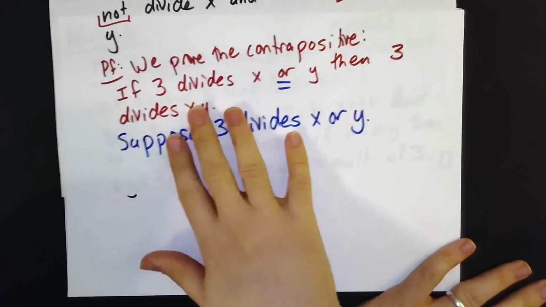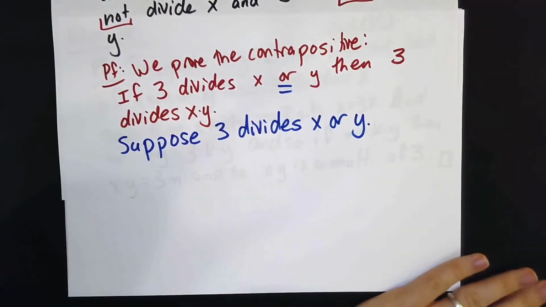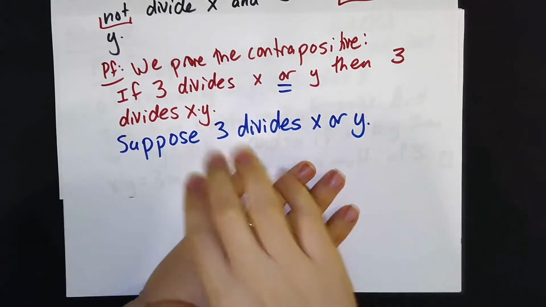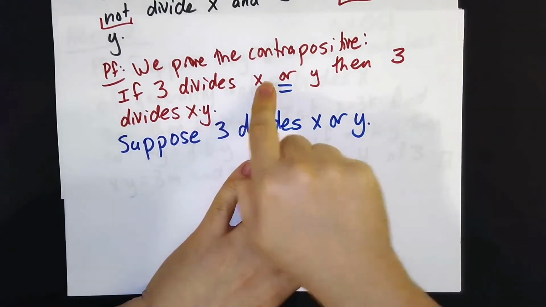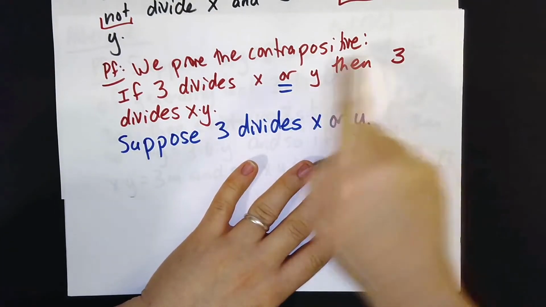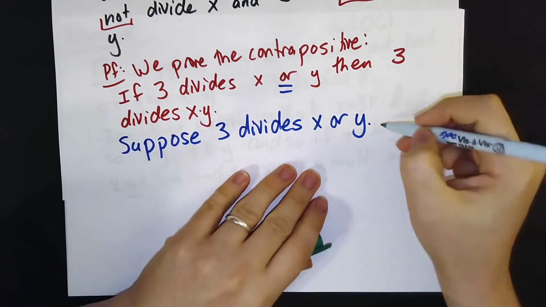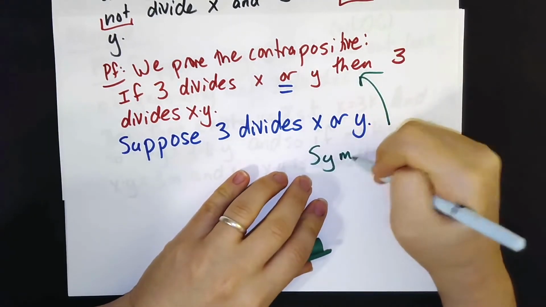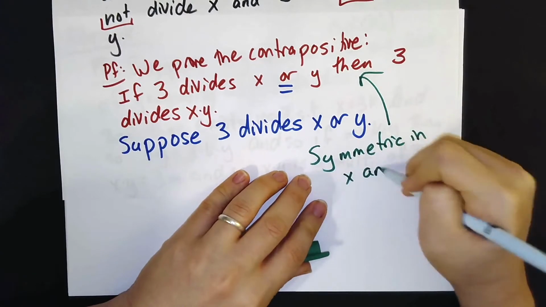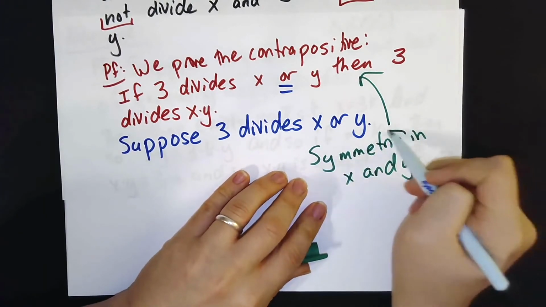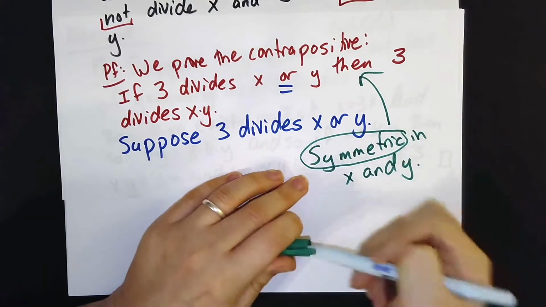to look at this statement that we want to prove, which is, if 3 divides x or y, then 3 divides x times y. And here, this statement is symmetric in x and y, and that's the key observation. What do I mean by symmetric in x and y?